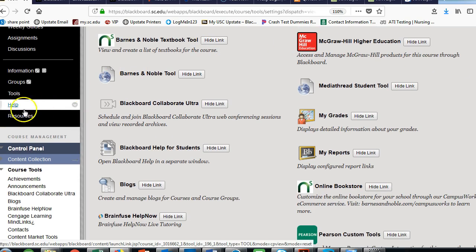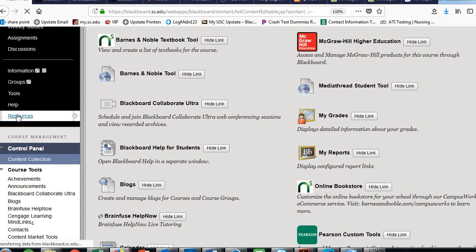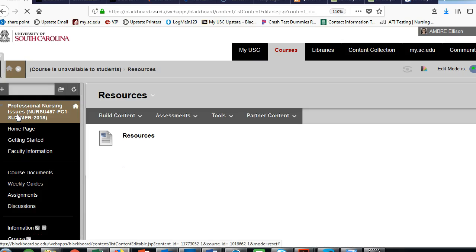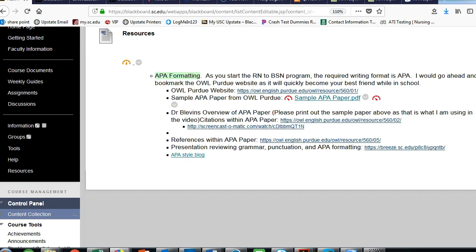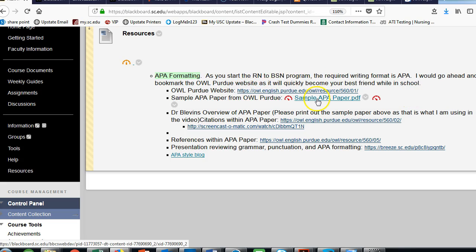And last but most definitely not least is the resources tab. So if you ever have any APA questions, go to this tab. There is a link to the Purdue OWL website, a sample APA paper that Dr. Blevins did an overview of APA on.